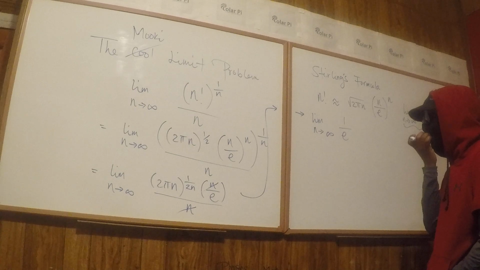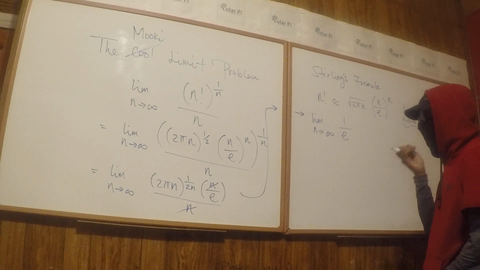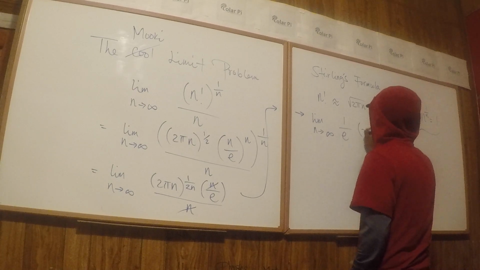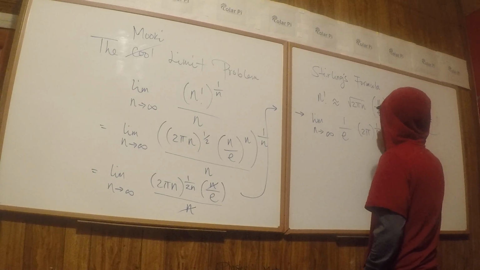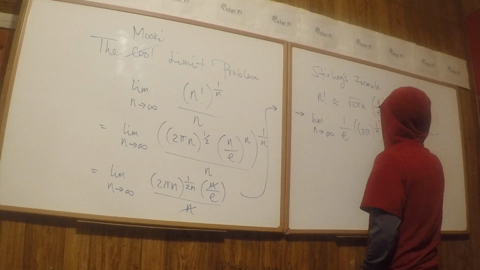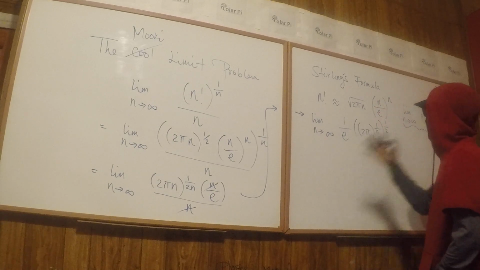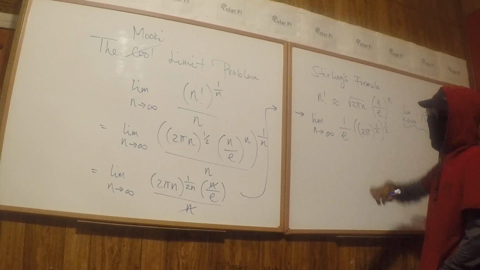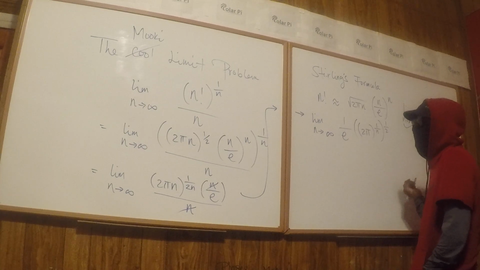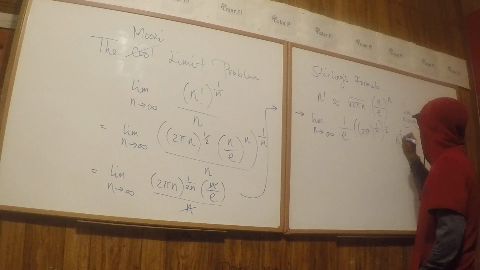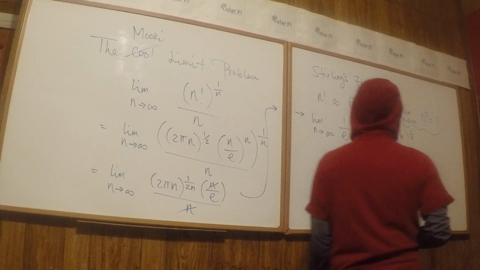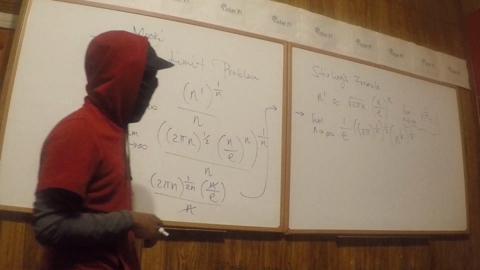And then we have 2 pi to the 1 over n, to the 1/2, and then n to the 1 over n, to the 1/2. You'll see that there's a method for why I chose to go in that direction.